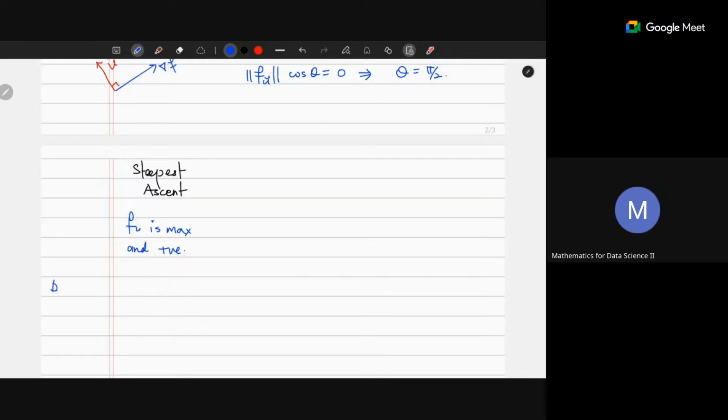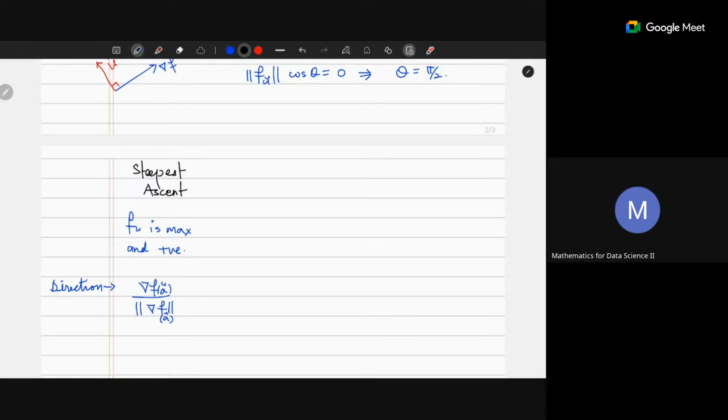I will write down the direction in this way. So direction is the direction of the gradient. Because it's a unit direction, I will divide it by the gradient norm of it. All right. So it is at a tilde.